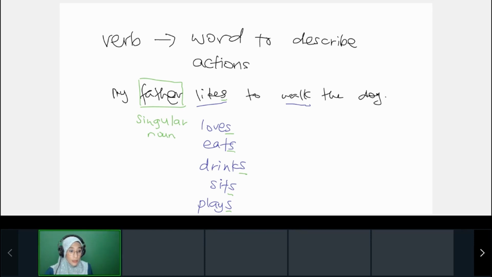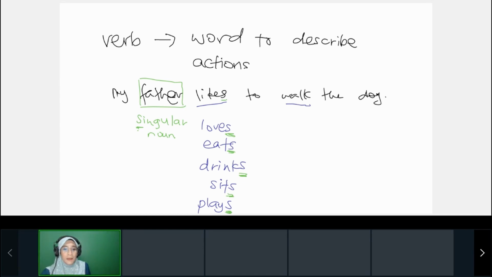So when it comes to singular noun, the way that I do it is, whatever is singular, or in Malay is called satu, starts with an S. Even in English, singular also starts with an S. So whatever is singular, you have to match the verb with an S as well, except there are certain words, please mind you, that you cannot just randomly add S to the last letter.